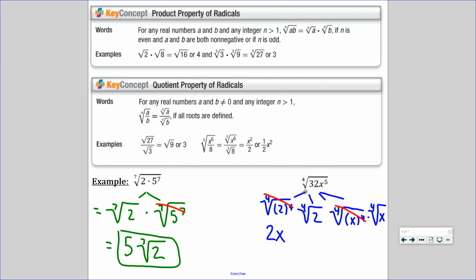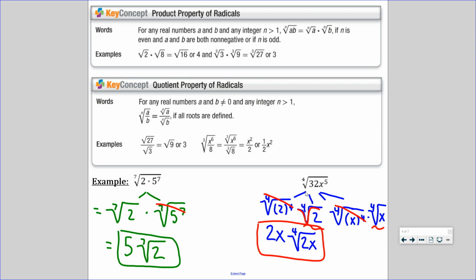Radical is this symbol. And what's left inside the 4th root is that other factor of 2 from the 32, and that other factor of x from the x to the 5th. Does that make sense? Okay, that's how we got there. That would be the final answer. That's what we started talking about yesterday.